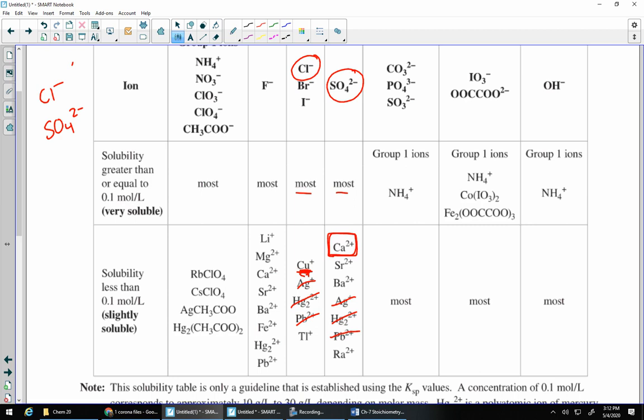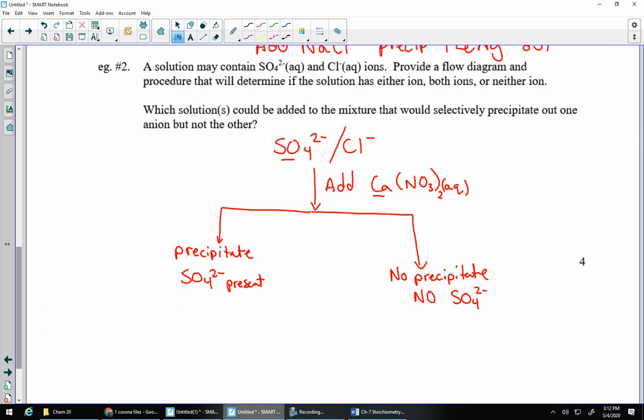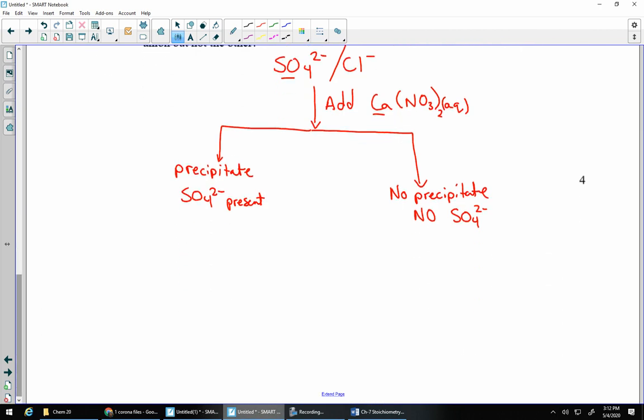So realistically, I could use any of these, but let's stick with copper 1, just because it's something that would not mess around with our sulfate. Let's keep it totally separate. So next thing that I want to do, now that we've figured this one out, the only thing that might be there is Cl negative. Again, we don't really know.